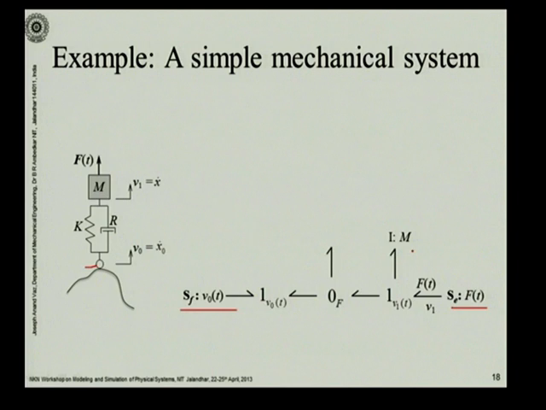Okay? So what it is doing in this case is that it is saying that this flow is equal to this flow minus this flow. That means it is saying that this flow is equal to V1 minus V0. So what you are doing is you are taking the relative motion across the ends of this spring damper combination. Okay?